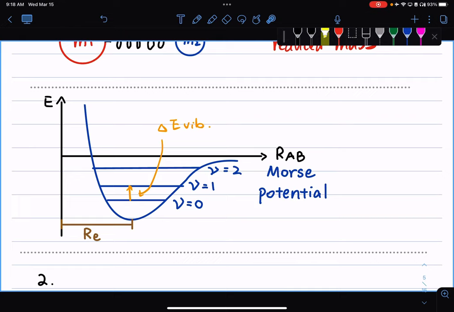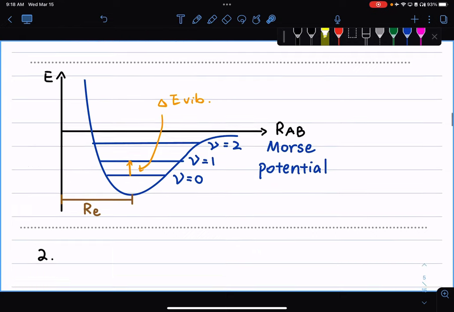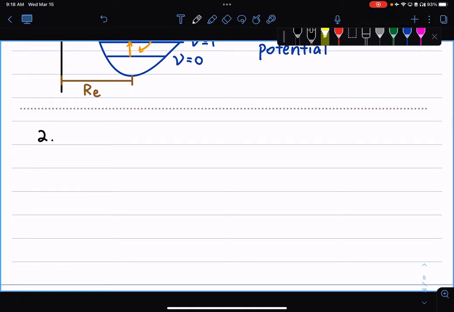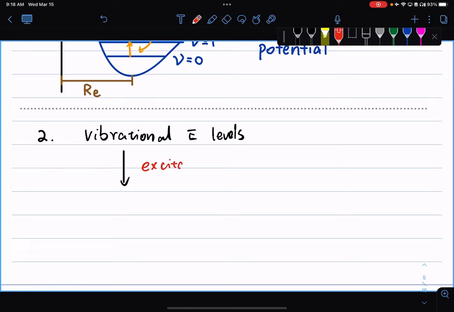All right, so when we talk about vibrational energy levels, in this case, what we have are excitations of vibrational modes.